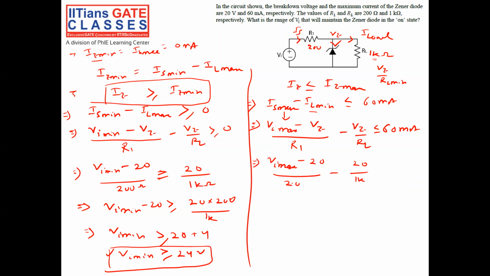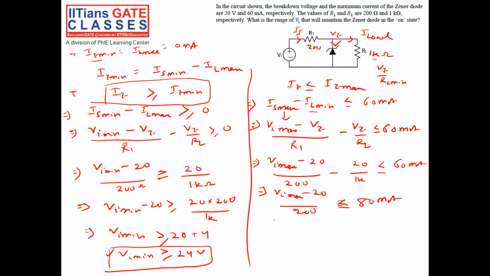If it would have been varying, I would have to take R1 minimum and RL maximum. This should be less than 60 milliampere. This implies Vin max minus 20 divided by 200 is equal to, this is 20 by 1k, 20 milliampere. So 60 plus 20 is equal to 80 milliampere.